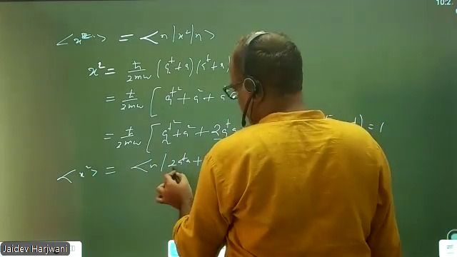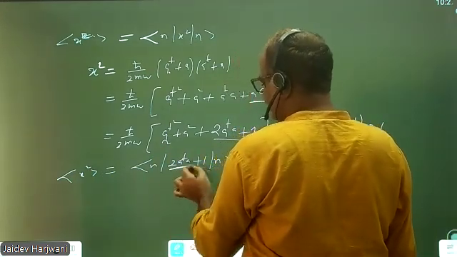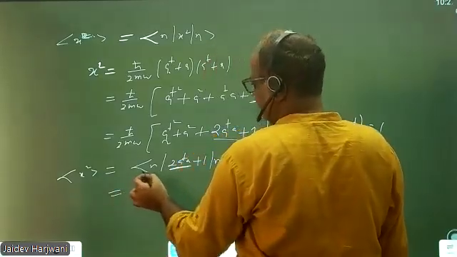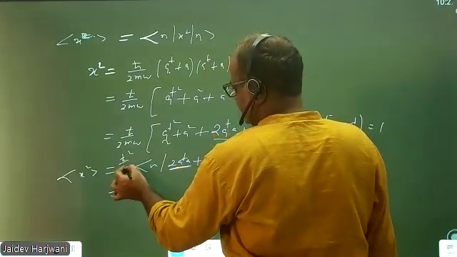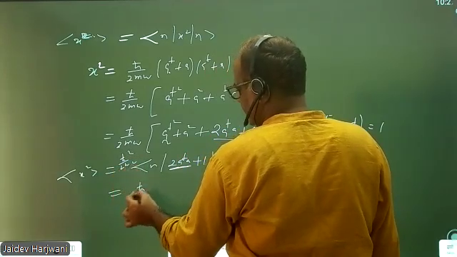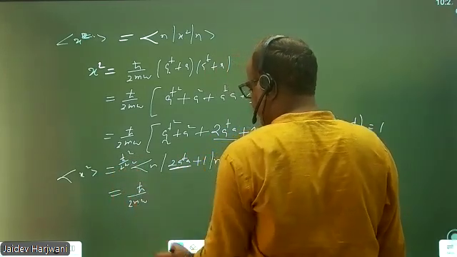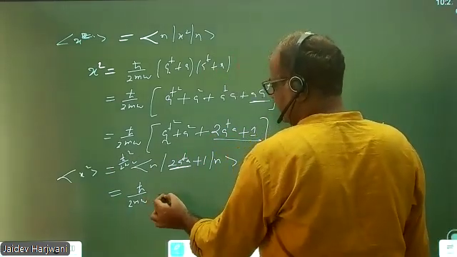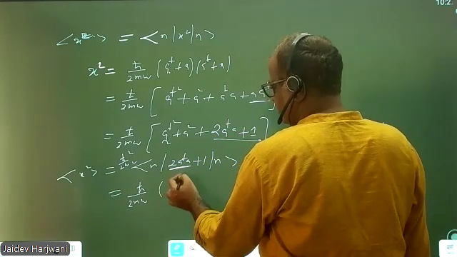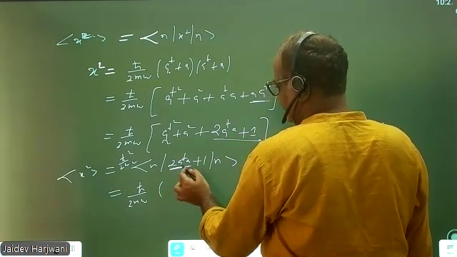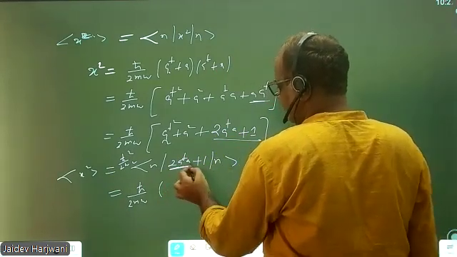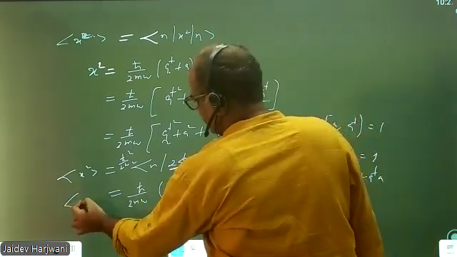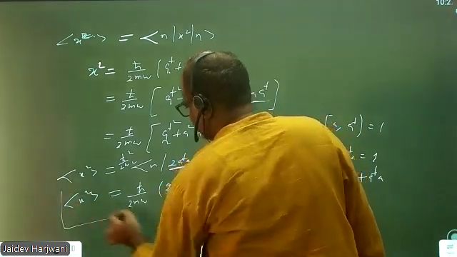Whenever they are equal numbers, then only you get some values. So this will give you h cut upon 2 m omega times 2n plus 1. So when a dagger a operates as a number operator, you get n, so 2n plus 1. So this is the expectation value of x square.